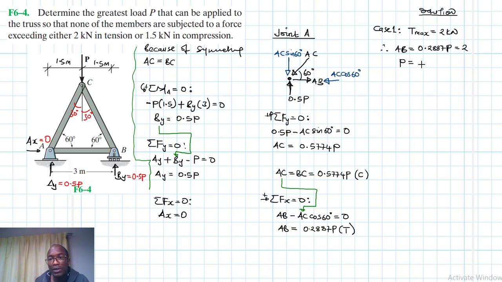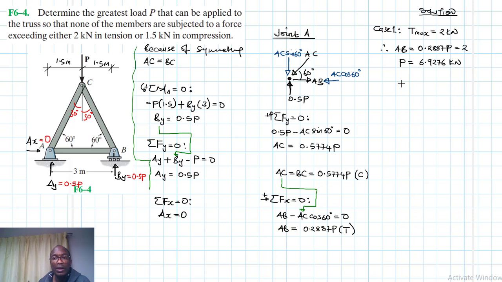Then our P is equal to 6.9276 kilonewtons. So we are saying this is the greatest load, but we are not yet done.